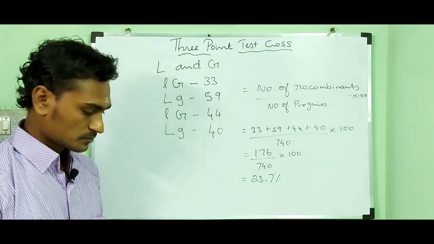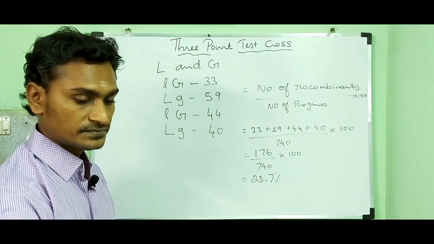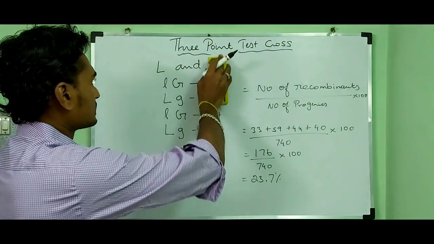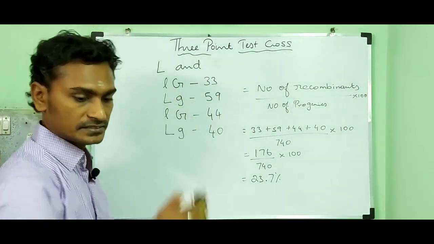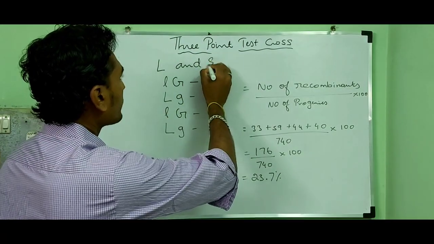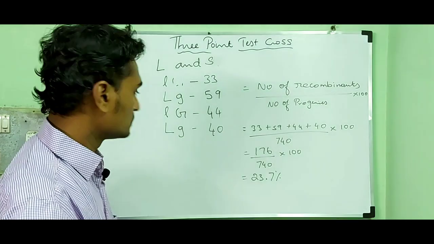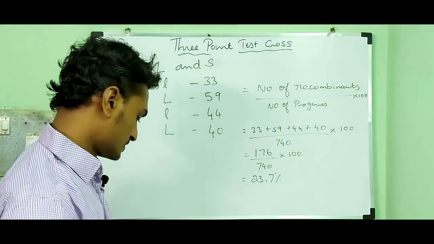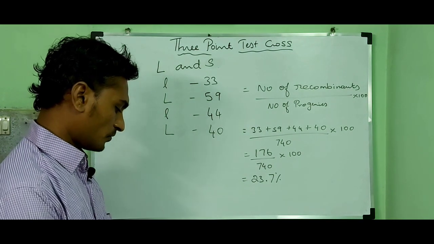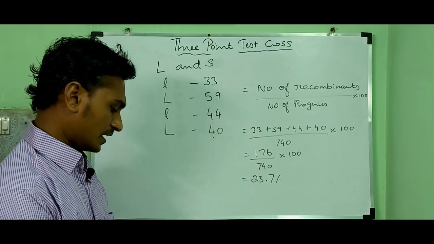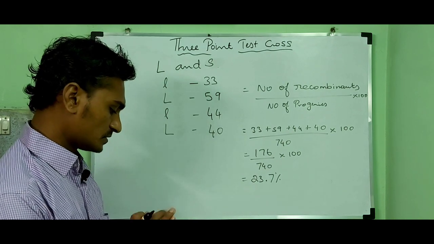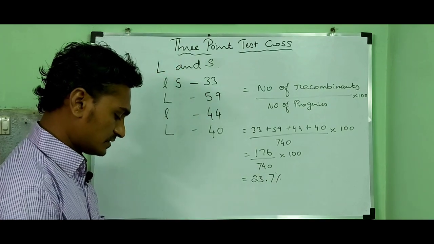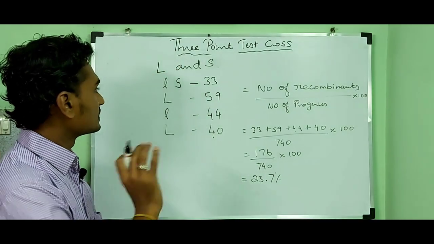Now I am going to calculate the recombination frequency for L and S. For L and S, again the recombinant value is 33: small l, capital S contains 33 recombinants.